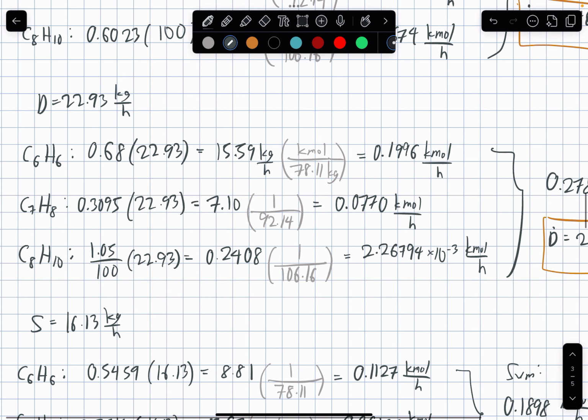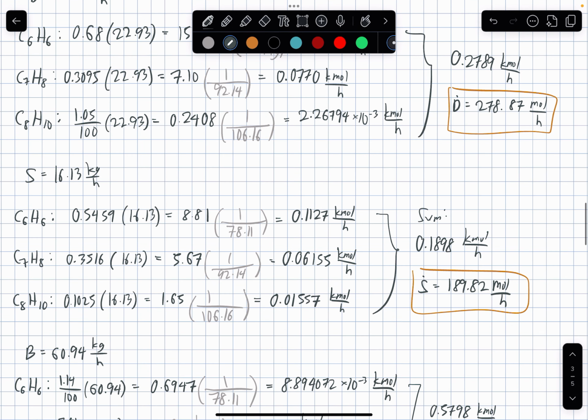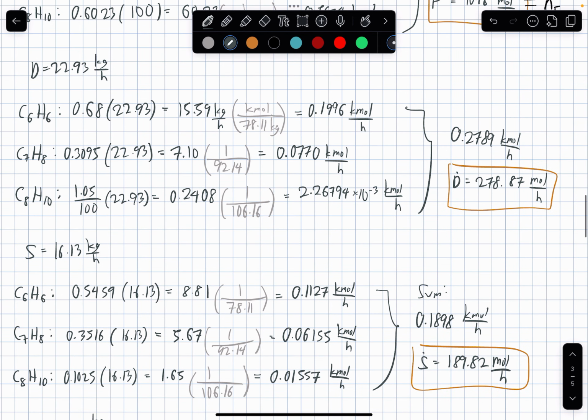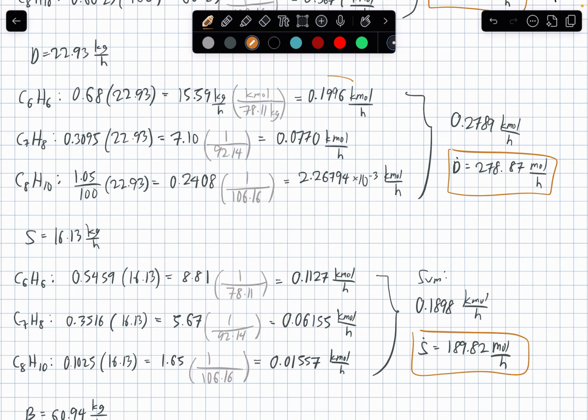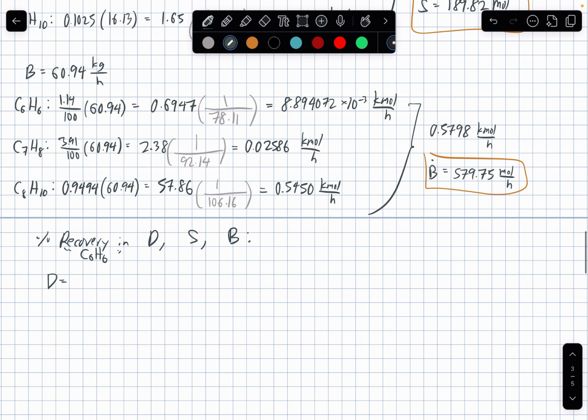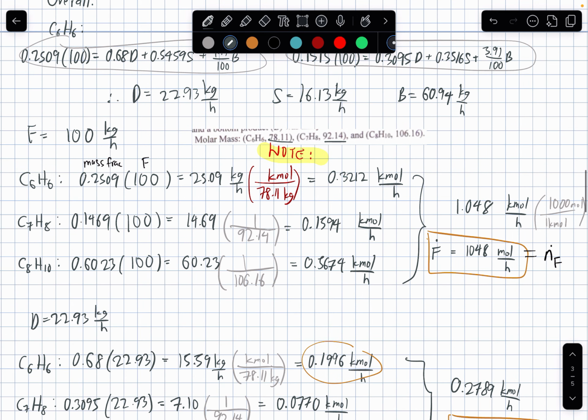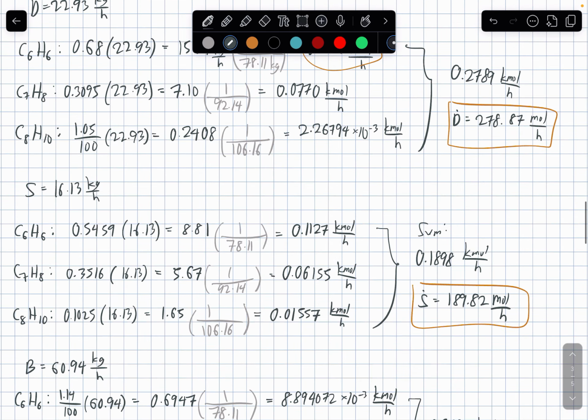So in the distillate, it is 0.1996. In the feed, it's 0.3212.